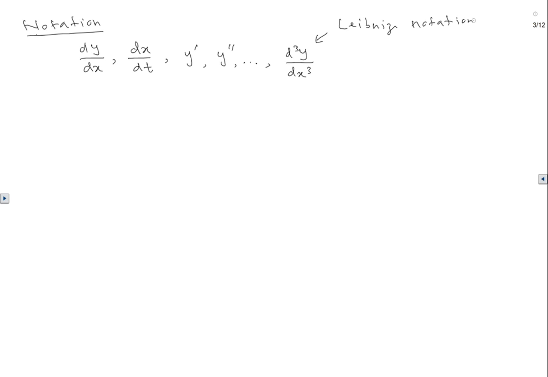So what's the differential equation? Now we know what is the derivative, so let's talk about the differential equation. What is a differential equation? Let's make it short.